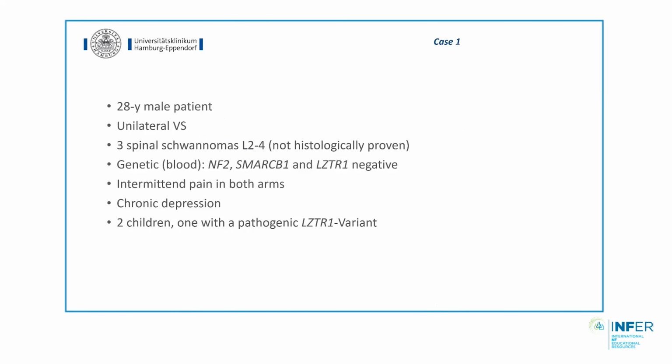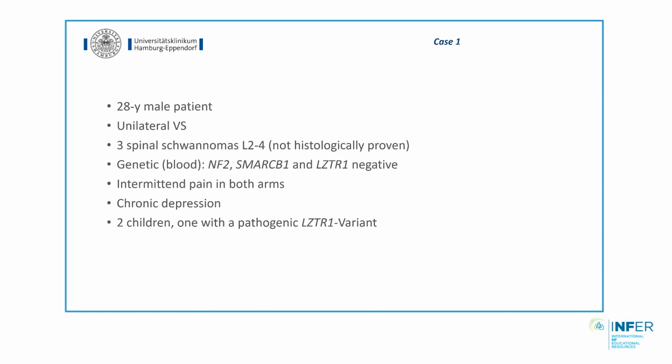Here is an example of how difficult this topic can be in the clinical setting. This 20-year-old male patient presents with a unilateral vestibular schwannoma, but without any hearing loss, and spinal schwannomas in the lumbar spine. Yet there is no surgery done and no histology. All genetic testing was negative in blood.